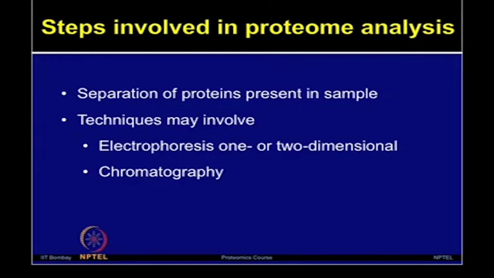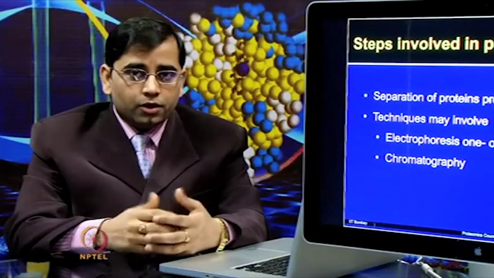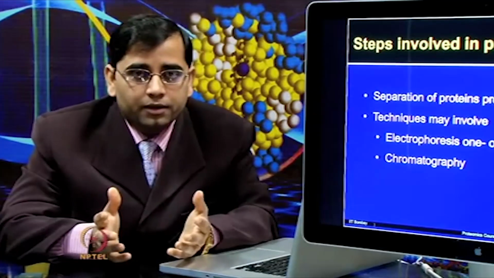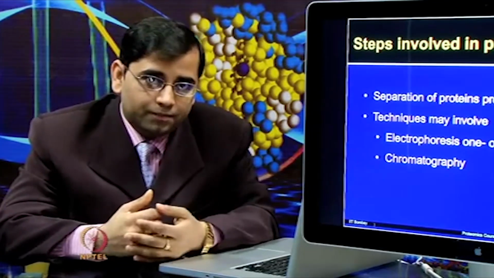You can use electrophoretic-based methods such as one-dimensional electrophoresis or two-dimensional electrophoresis, or one can also use different types of chromatography methods to separate the proteins. So in proteomics, you always have various options available to analyze your protein samples.